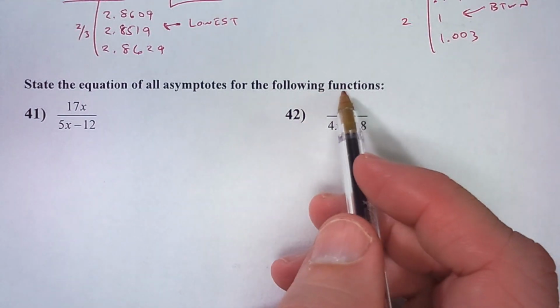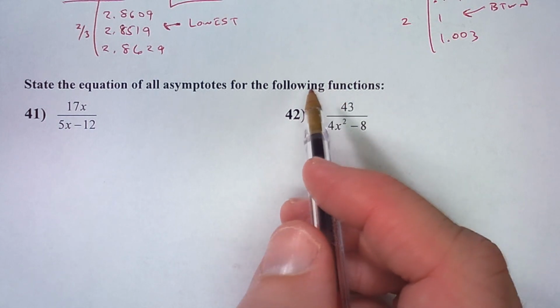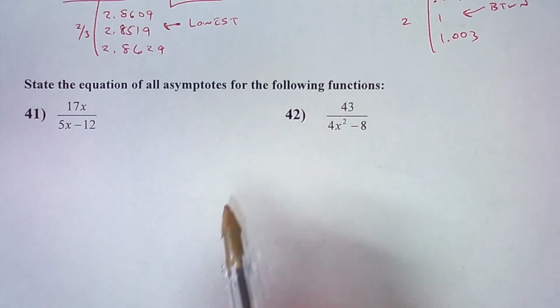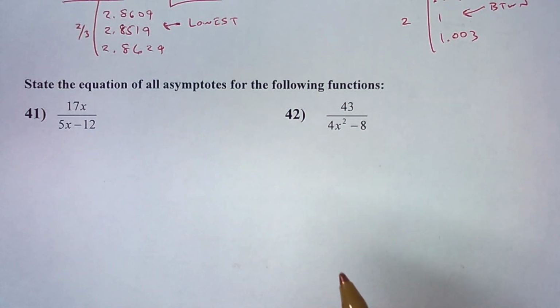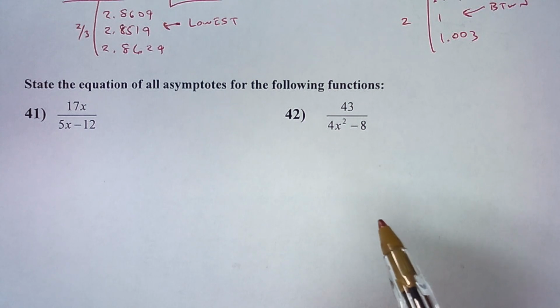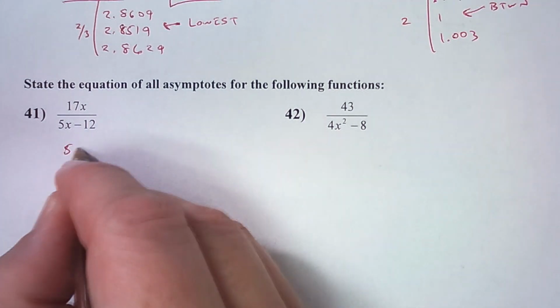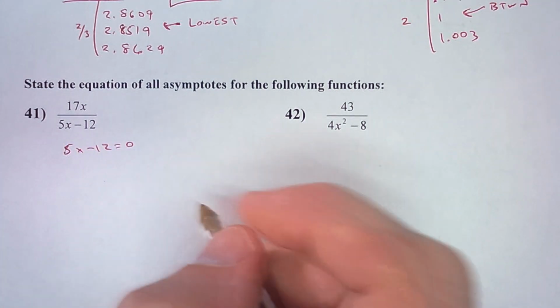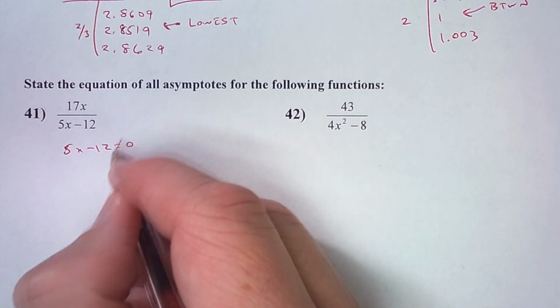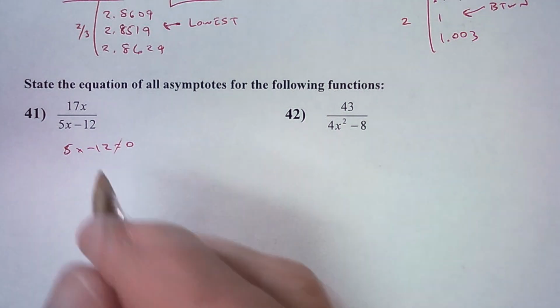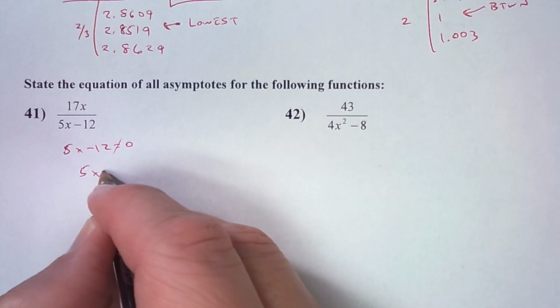And last, state the equation of all asymptotes for the following function. Okay, so to find the vertical asymptotes, we set the denominator equal to 0. So 5x minus 12 equals 0. Okay, now really 5x minus 12 can't equal 0 because it's a denominator.